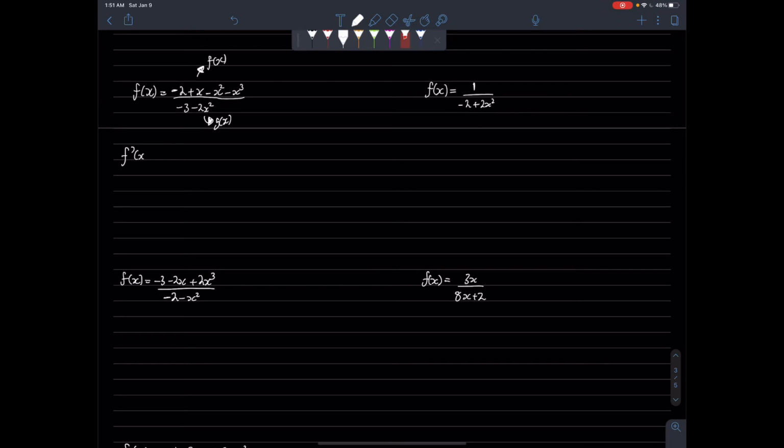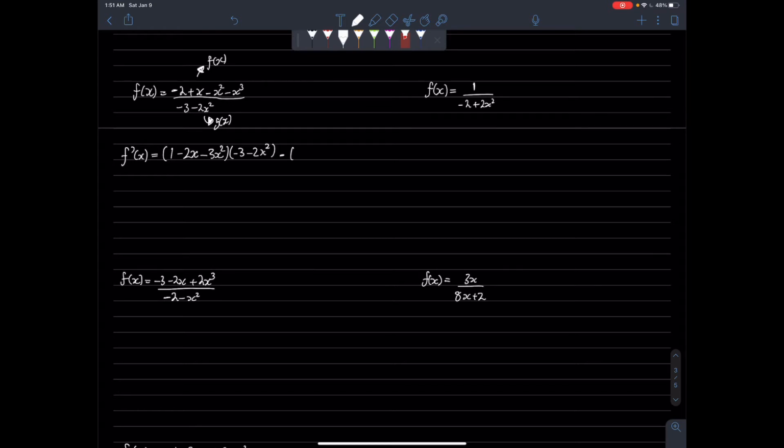So f prime of x is going to be the derivative of the top one. So the derivative of -2 is 0, the derivative of x is 1, minus 2x of the x squared minus 3x squared, right, times the bottom function, -3 minus 2x squared. Subtract.